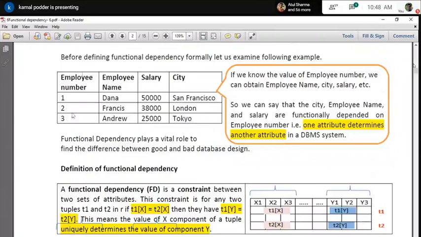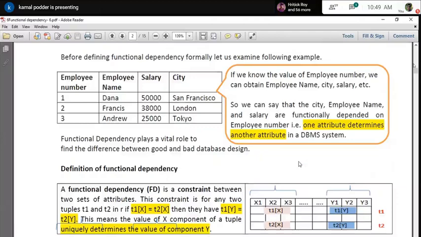If you look into this particular table, you find that if you know the employee number, you can obtain the employee name, salary, and city. You can just check that particular record and get it. So we can say that the employee name, salary, and city are functionally dependent on employee number.